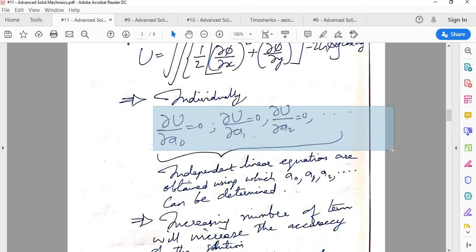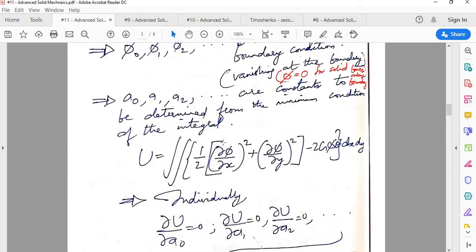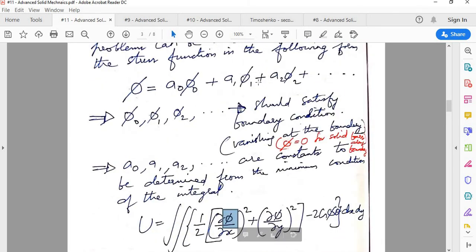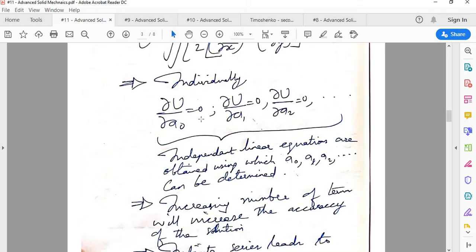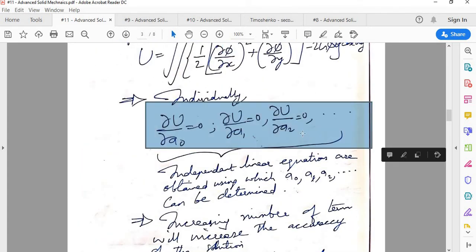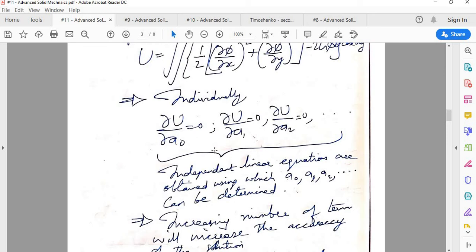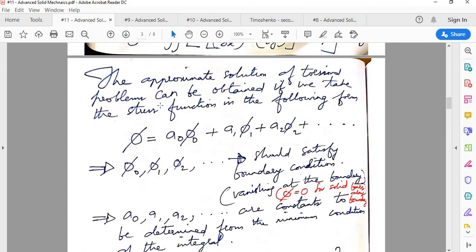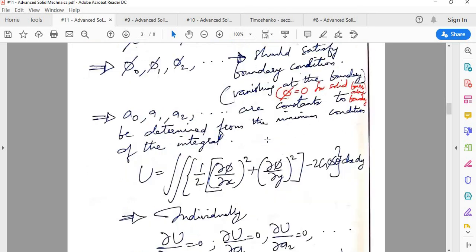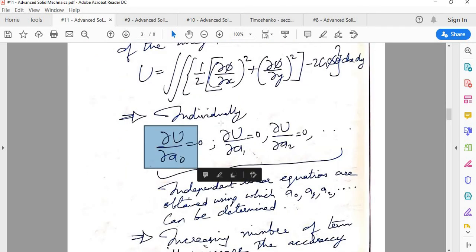Okay, so if you try to apply this condition, remember in the expression for phi itself you have a0, a1, a2. So if you try to individually write these conditions, you will get n number of linear equations using which you can solve for all these individual constants. Depending upon how many terms you are taking, that many equations you will get.